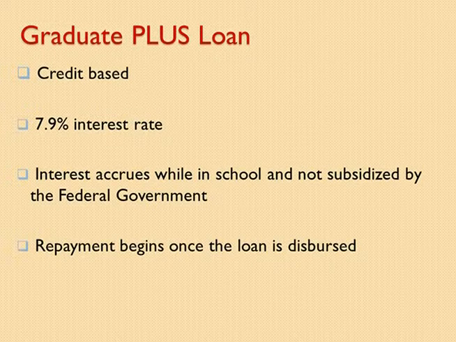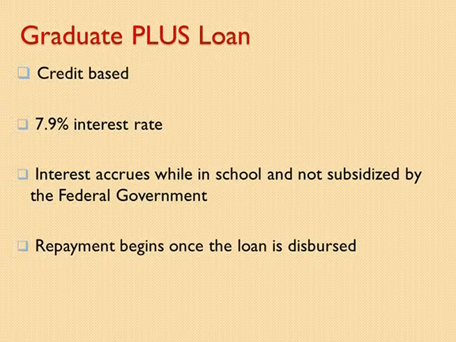The next type of funding that the federal government offers is what's called the Graduate Plus Loan. This loan is different in many ways from the Stafford loans, and the biggest difference is that this is a credit-based loan. So the Department of Education will run a credit history and determine if you will be approved for the loan.